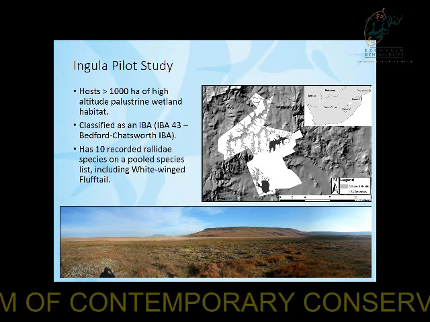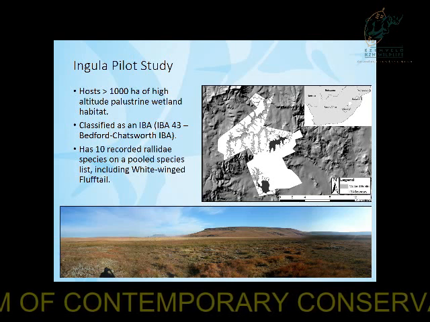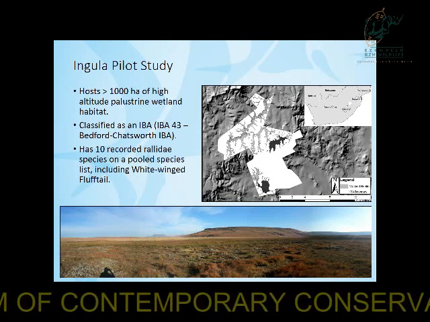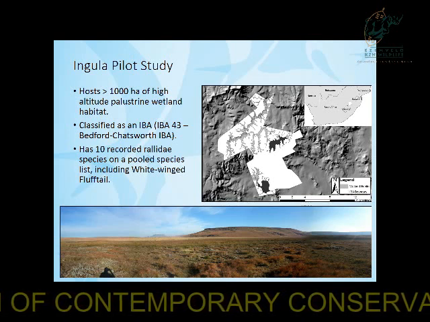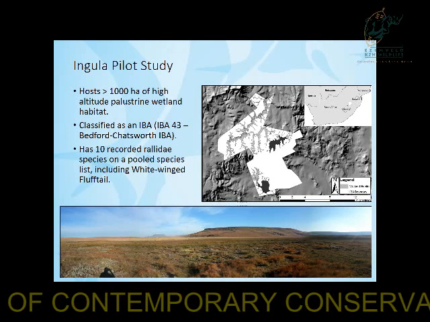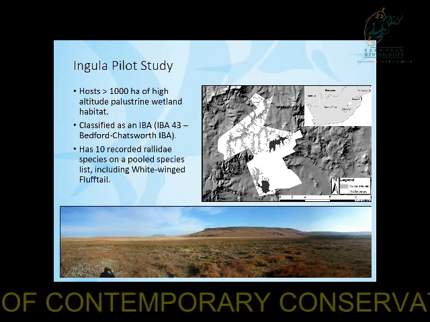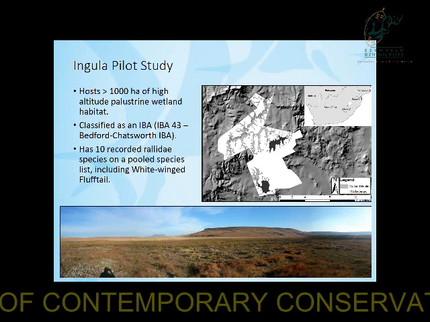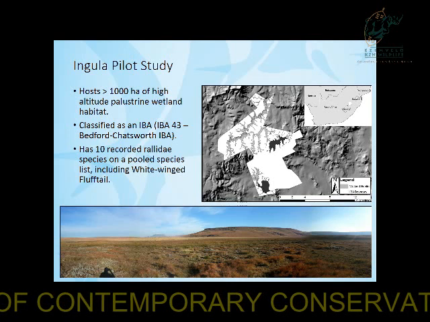So important to note, a pooled species list is not a measure of current species richness, because some of those species were only recorded once and 8 years ago, but it gives us a measure of potential Rallidae species richness. And most importantly, it has yielded 2 sightings of white-winged flufftail over the past 8 years, which means that there is habitat on site that can be utilized for the species.